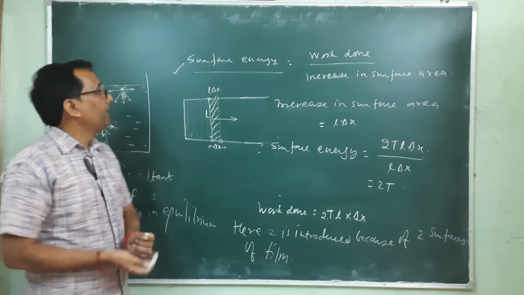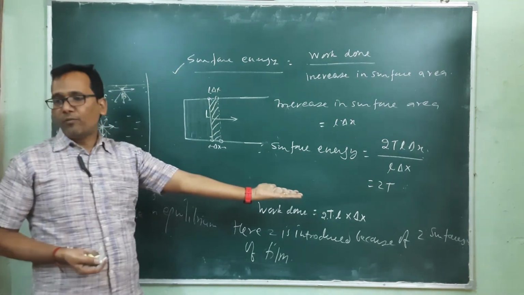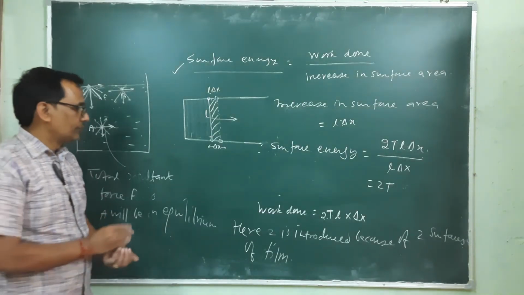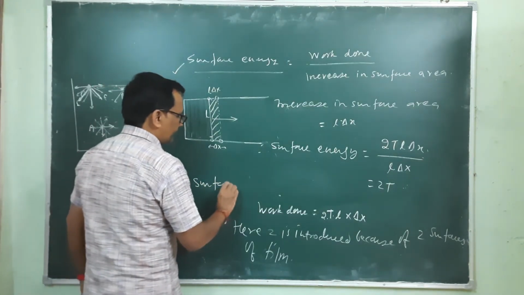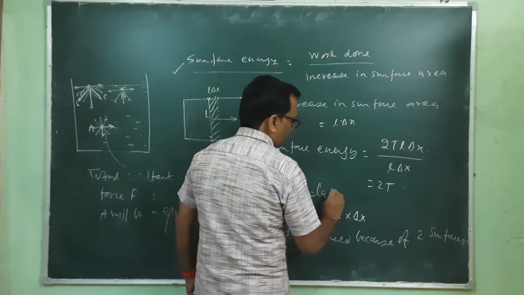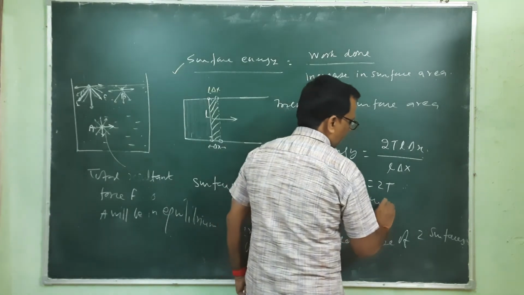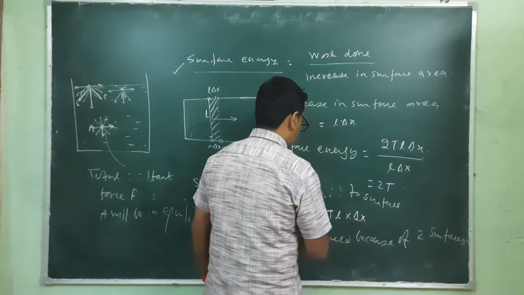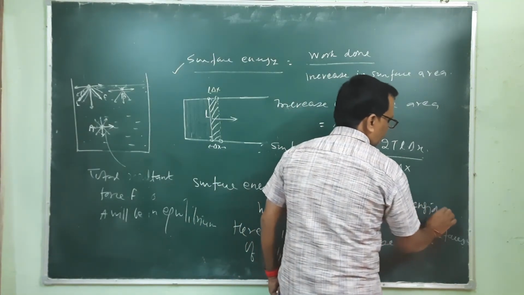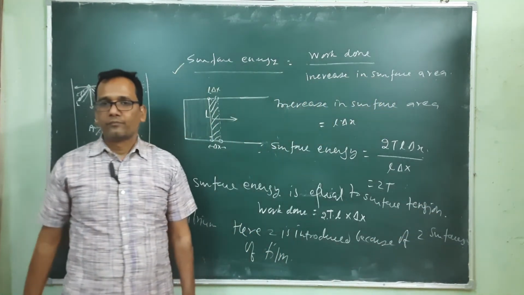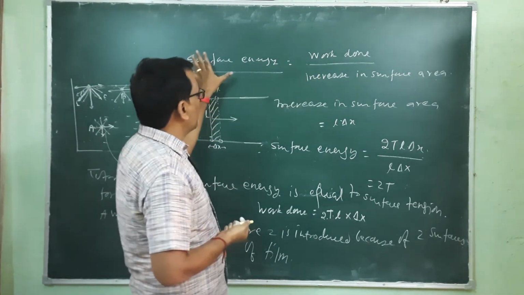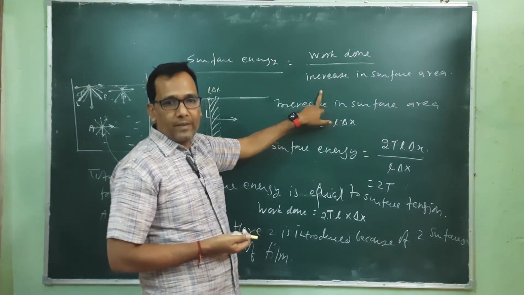So ultimately we can say the surface energy is equal to the surface tension. Or this work done can be equal to the surface energy multiplied by the increase in the surface area.